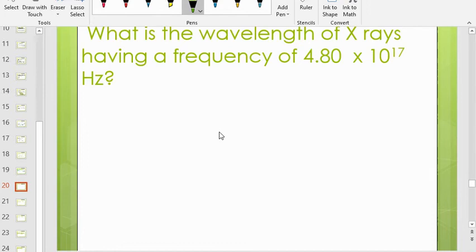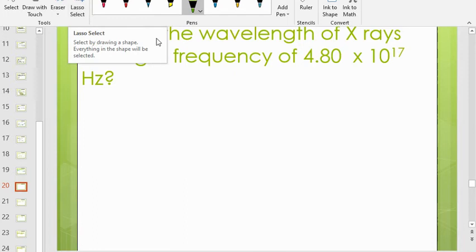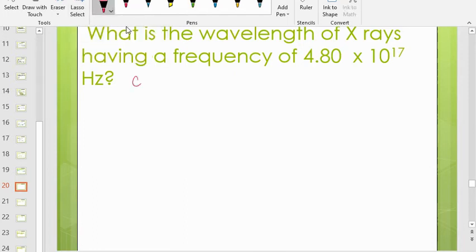So the next problem, they're asking us for a wavelength, and they're giving us a frequency here. So we need to solve for wavelength. So if I go back to my equation, c equals my wavelength times my frequency.